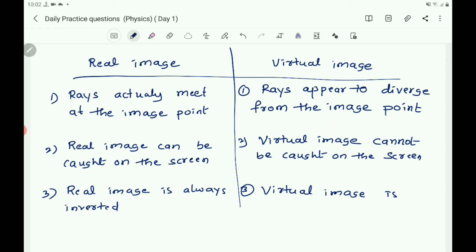These are the differences between real images and virtual images.